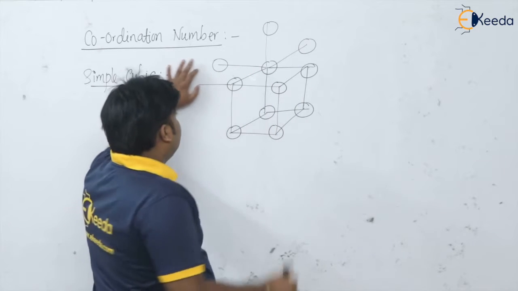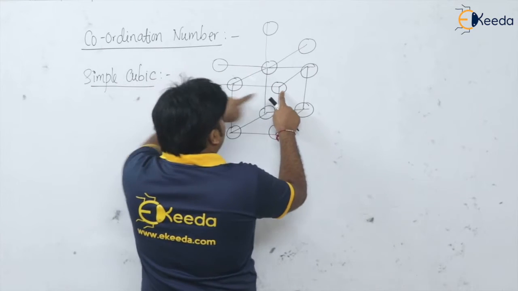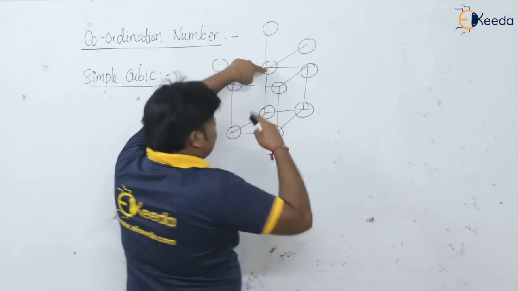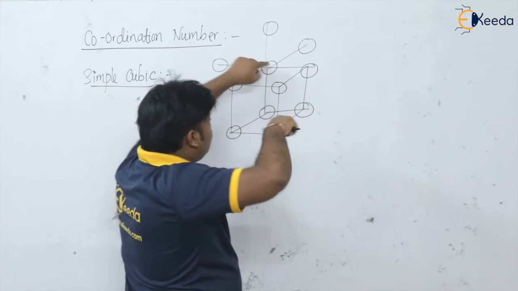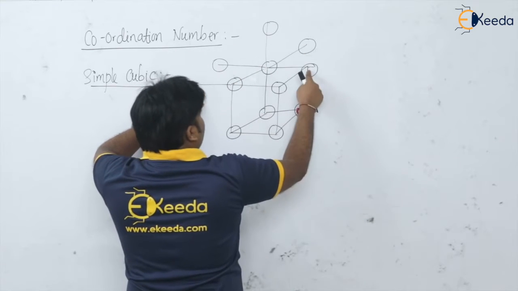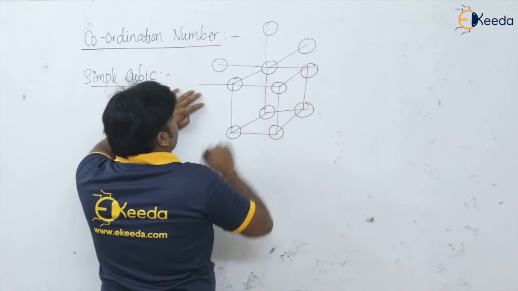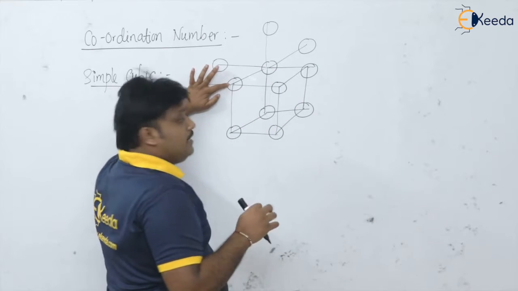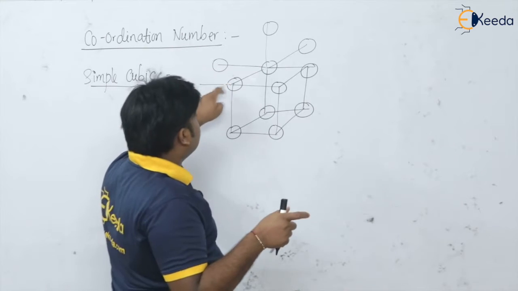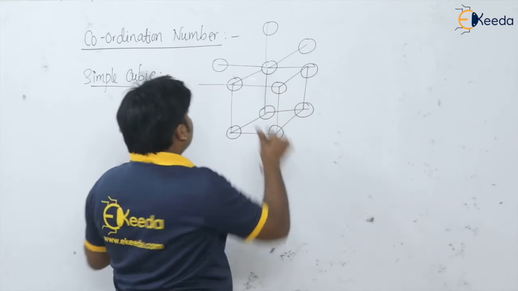So in this way, you take any corner atom, it is getting surrounded by, as well as touched by, how many atoms? 1, 2, 3, 4, 5 and this is 6. Because see, we have seen that adjacent atoms are going to touch in the simple cubic structure. So it will be like this.